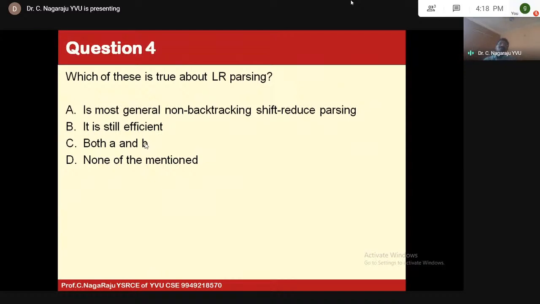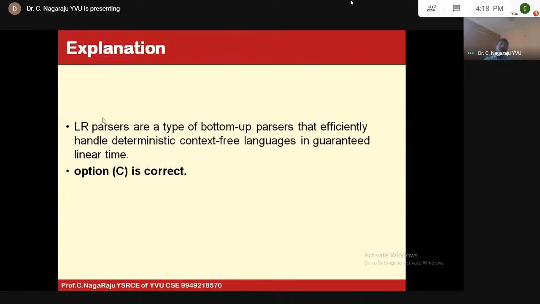CLR(1) parsers are efficient. So the answer is C, both A and B. I explained these two in the beginning, in the introduction of LR parsers. Both A and B are correct: it is the type of bottom-up parser that efficiently handles deterministic context-free languages.